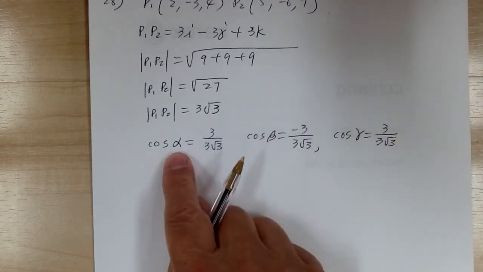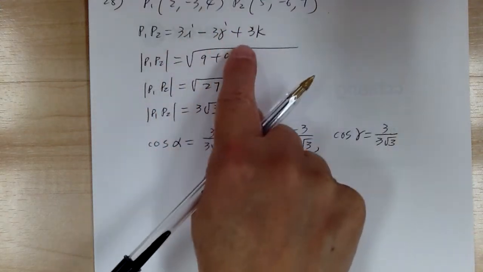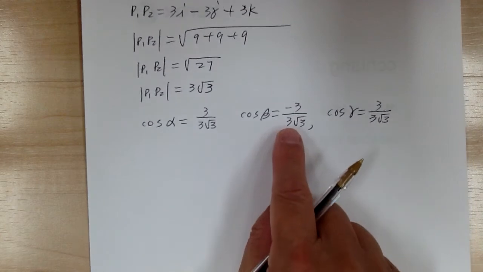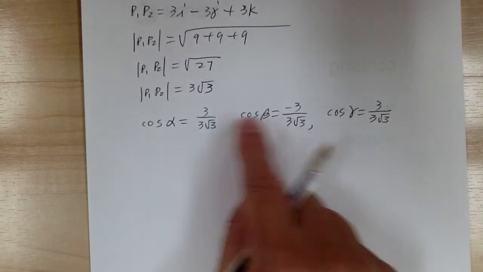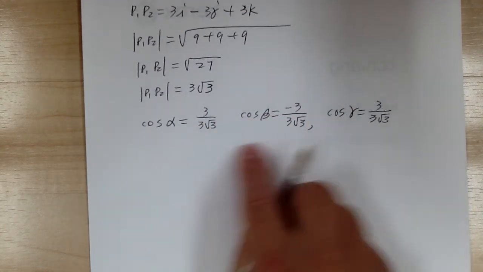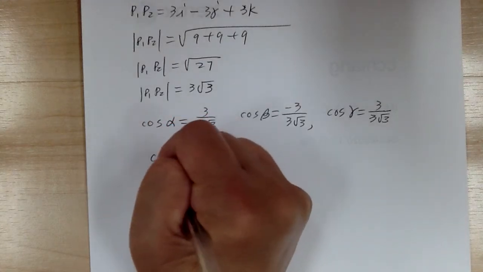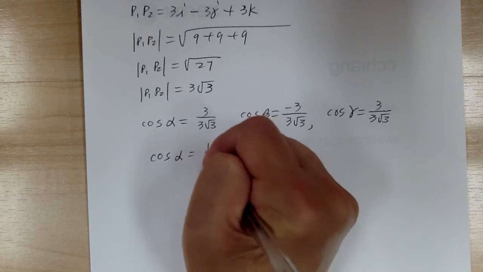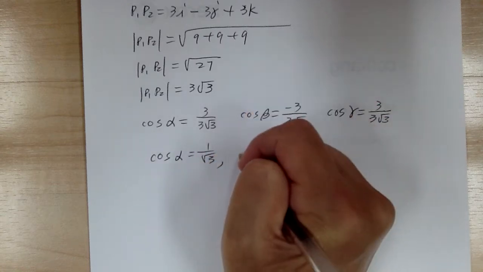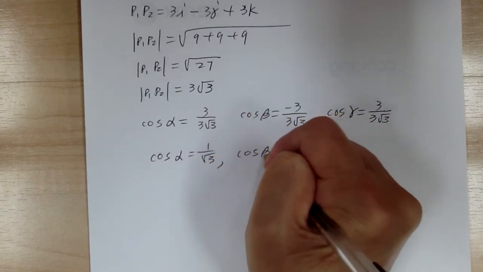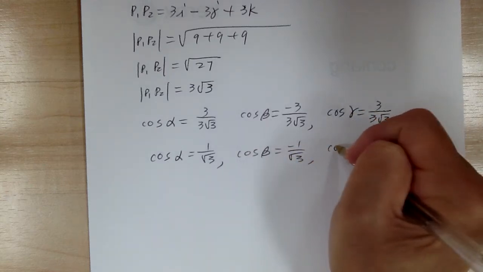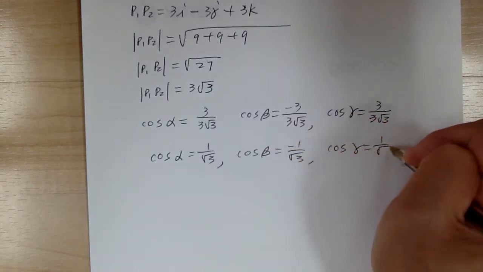Now cosine alpha is the angle between the vector and the x-axis, and so forth. Now you can simplify. Cosine alpha equals 1 over square root of 3, cosine beta equals negative 1 over square root of 3, and cosine gamma equals 1 over square root of 3.